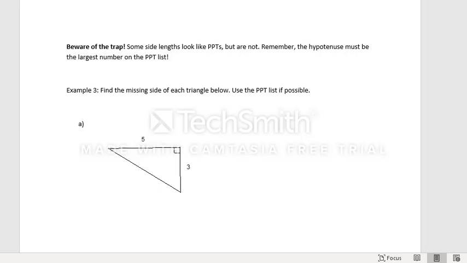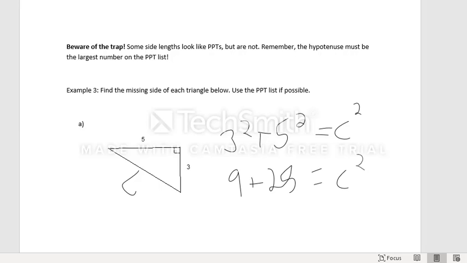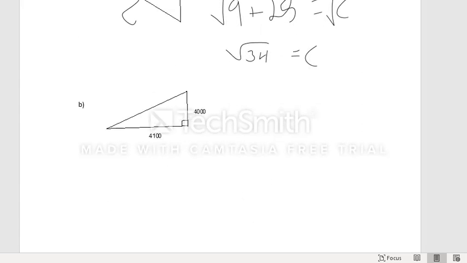So we have to do this using the Pythagorean theorem. 3 squared plus 5 squared equals c squared. So 9 plus 25 equals c squared. Take the square root of both sides, and we get the square root of 34 equals c. We cannot reduce that one further. It does not have any perfect square factors.